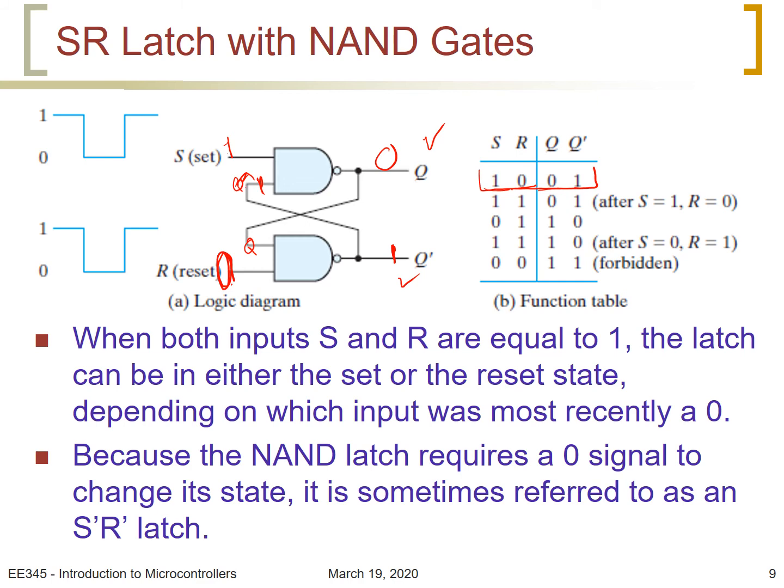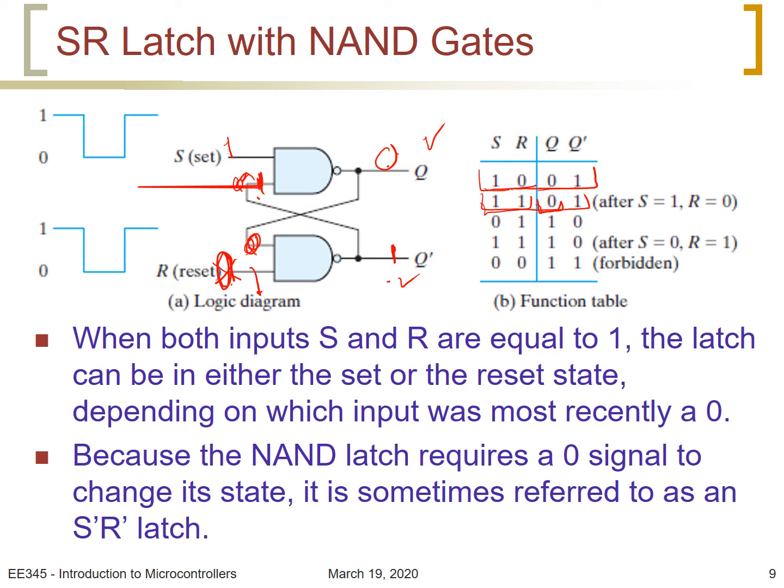Now, this one here will be here. And if R goes back to 1, this 0 here will be here. 0 and 1 inverted 1. And this one, it will be 0. So the latch will maintain the 0 state after S and R go to 1.